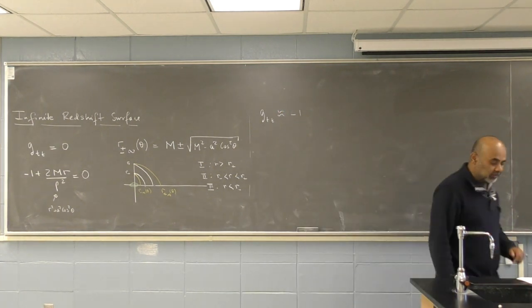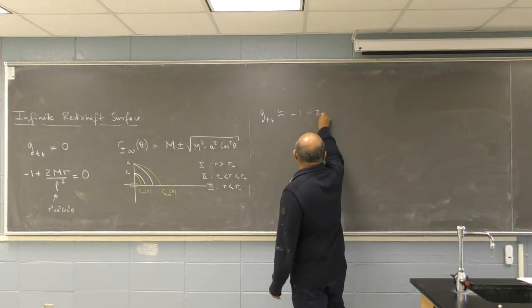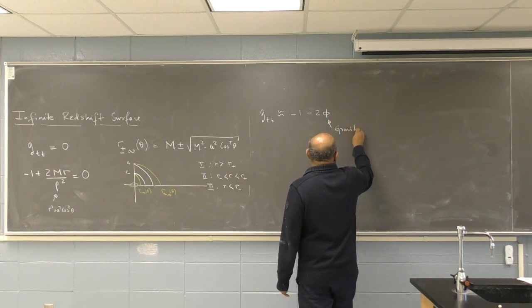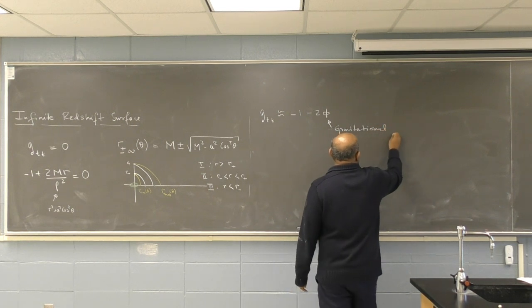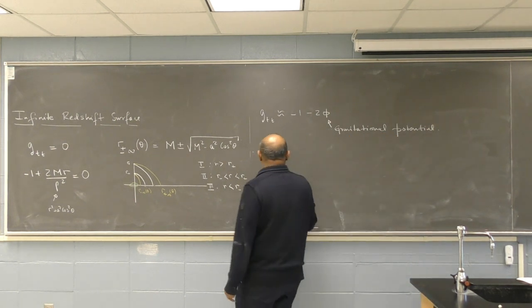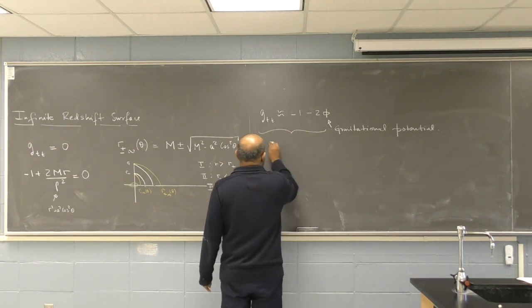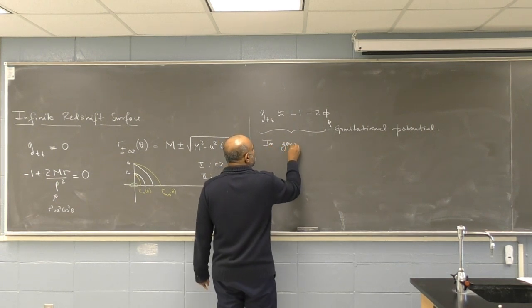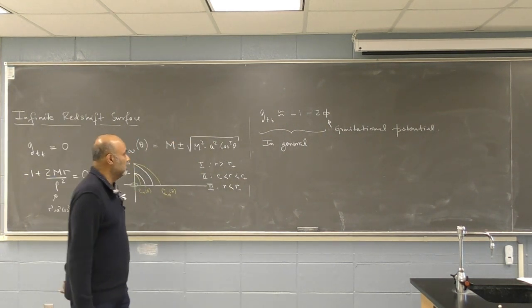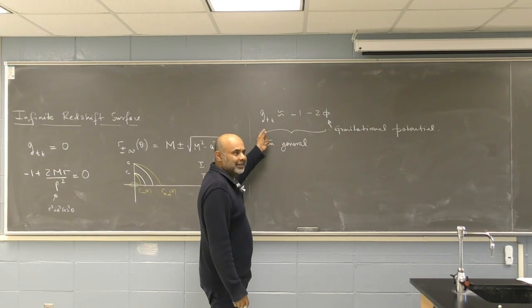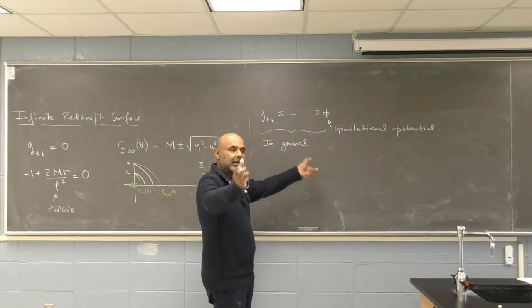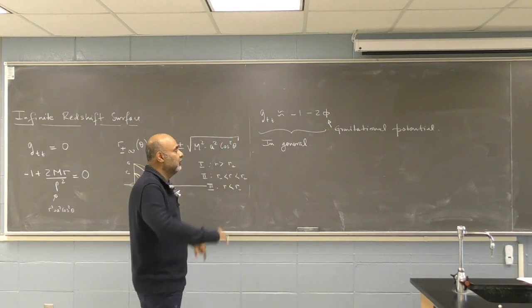But beyond that, the first level correction is -2 phi, where phi is the gravitational potential. This is in general a fact I have recalled from an introductory GR course. Again, we're assuming that t is the time coordinate very far away, and that it's asymptotically flat, asymptotically Minkowski, if you will.